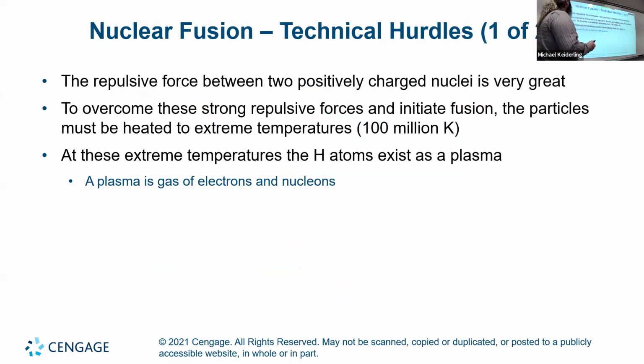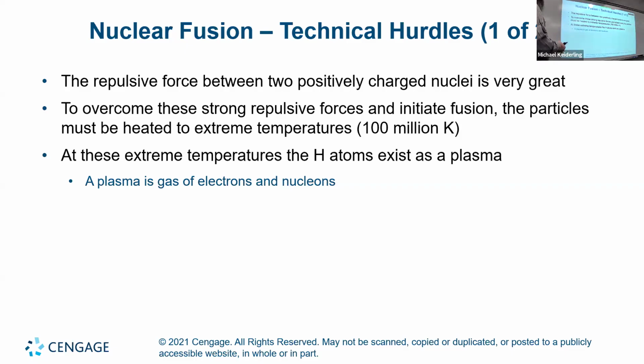So, technical hurdles of nuclear fusion. The repulsive force between two positively charged nuclei is very great. To overcome these strong repulsive forces in nuclear fusion, the particles have to be heated to extreme temperatures. And at these extreme temperatures, things get complicated. So far, containment of the material uses up too much energy.